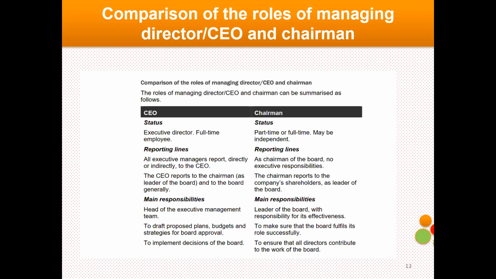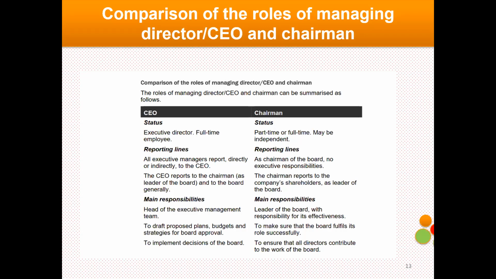In terms of reporting lines, all executive managers report directly or indirectly to the CEO. The CEO then reports to the chairman and to the board generally. The chairman reports to the company's shareholders. So the chairman is supposed to have the interest of the shareholders at heart as the leader of the board.